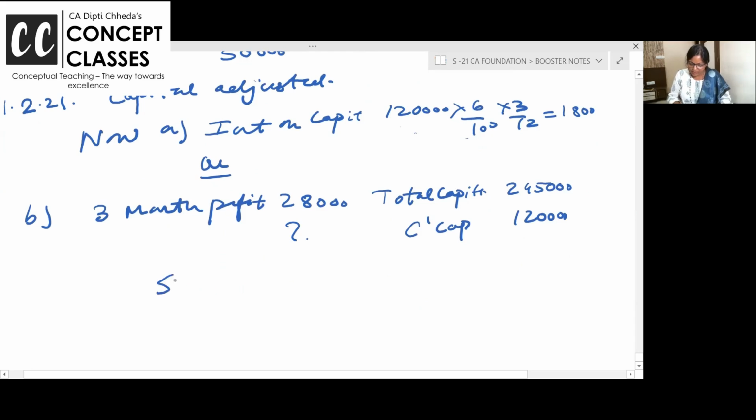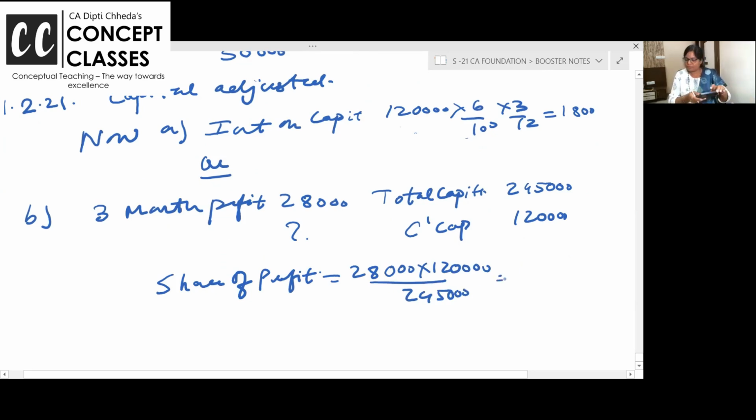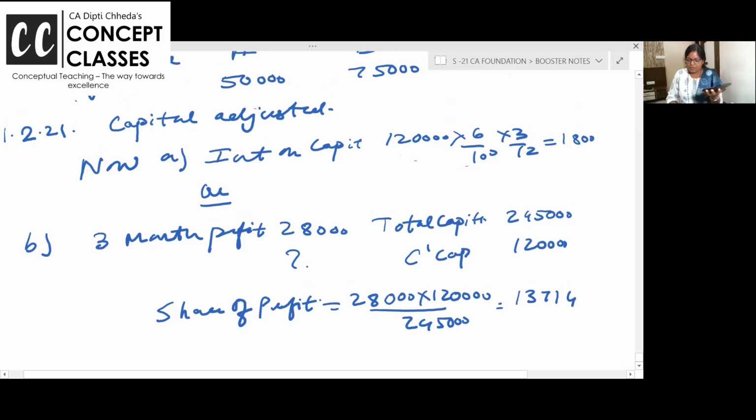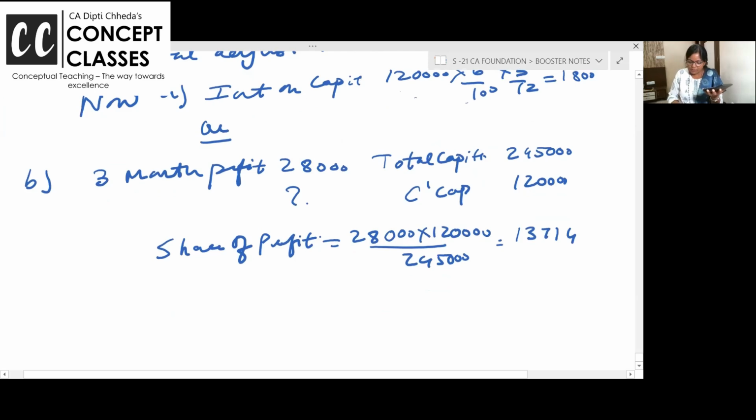So give me the share of profit, in proportion to capital used. 28 into 120 divided by 2,45,000. 28,000 divided by 2,45,000 into 120. कितना आ रहा है? 13,714.